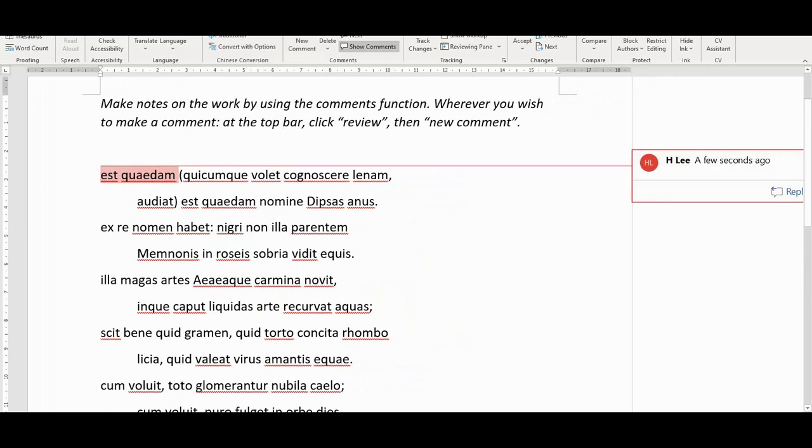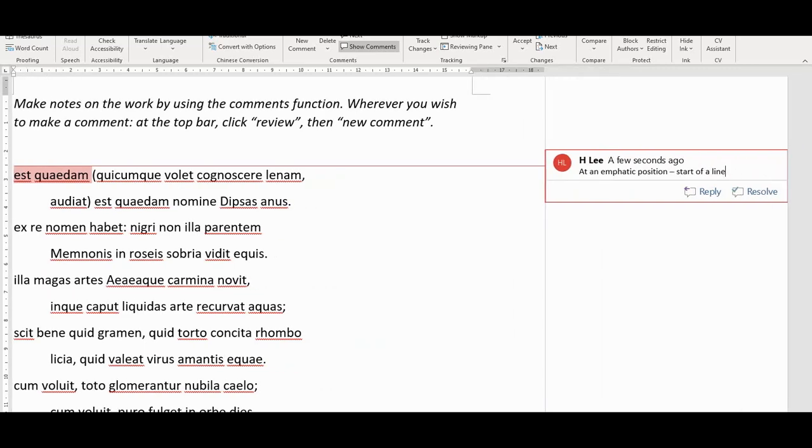Okay. Now what it is about Est quidam as a phrase is that it's at an emphatic position, or rather the position gives it emphasis, right? So why is it at an emphatic position? It's at the start of a line, the start of the whole poem. This is line 1 of the poem as well.